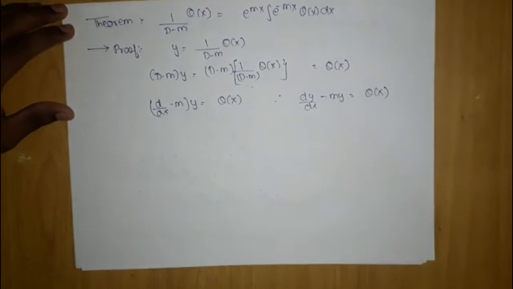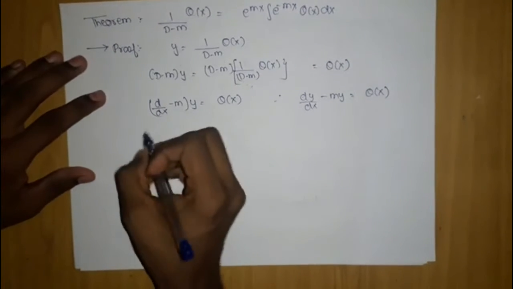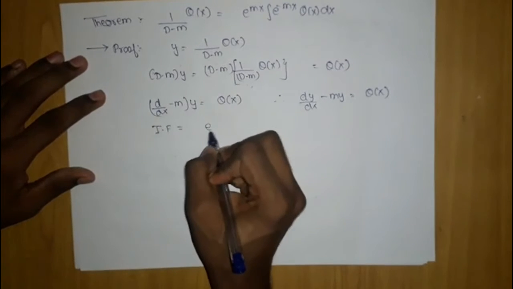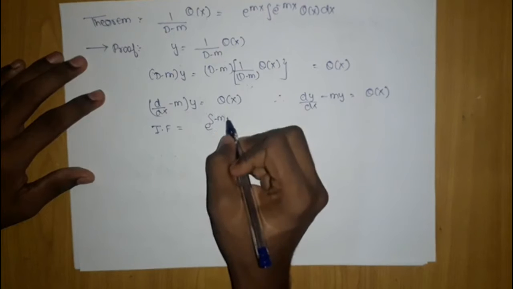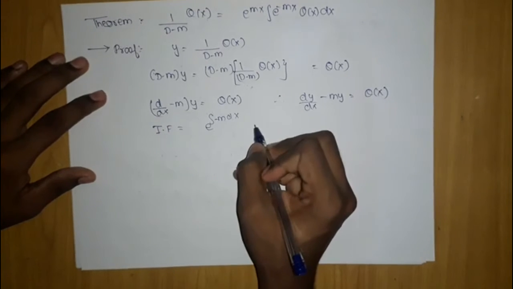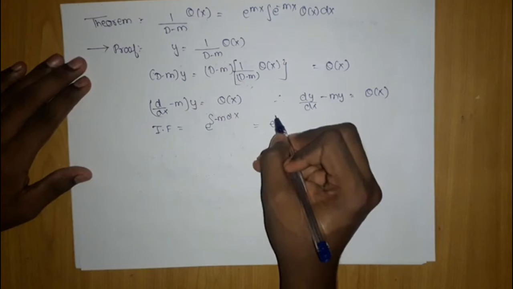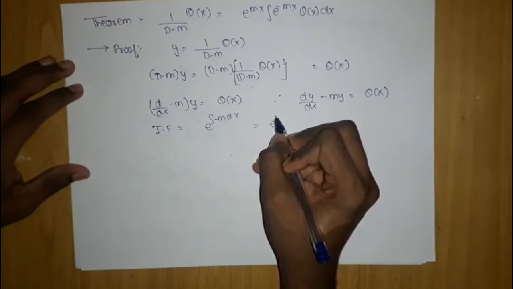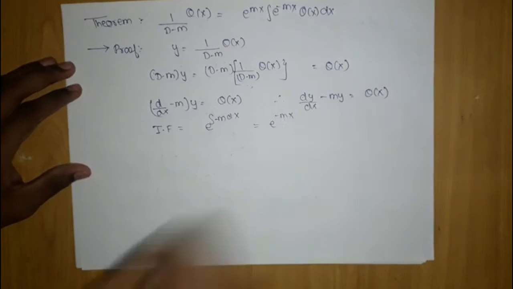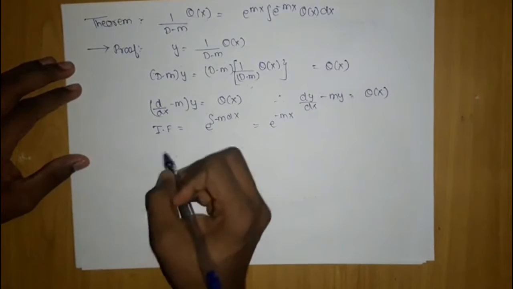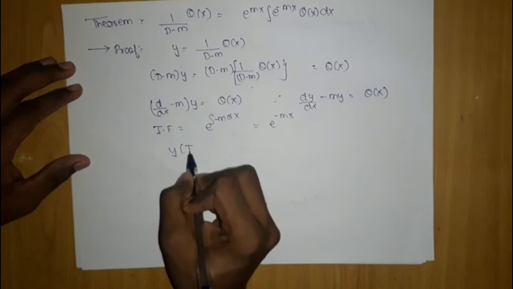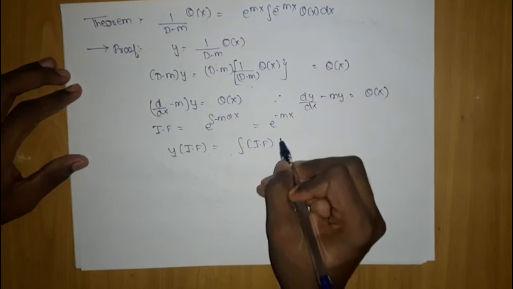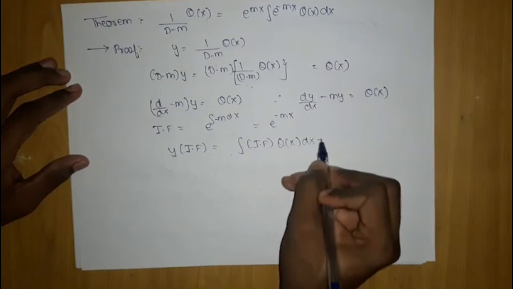So this is a linear differential equation, and its solution is given by its integrating factor, which will be e to the power integral minus m dx, which is nothing but e to the power minus mx. After doing this, its solution is y into integrating factor equals integral of integrating factor into Q of x dx plus c.